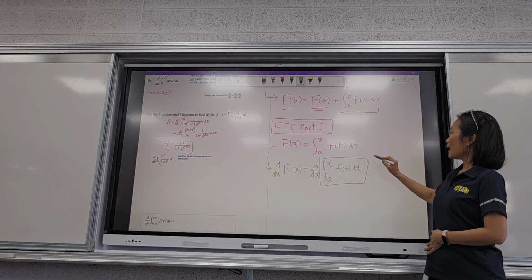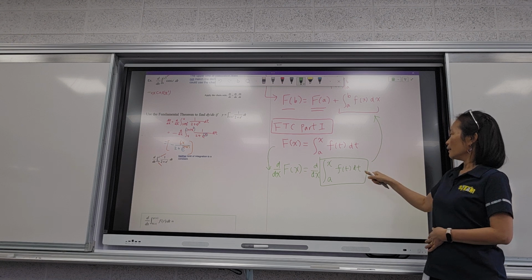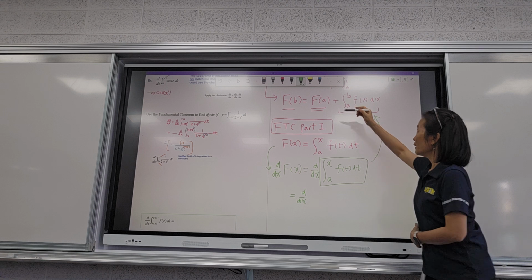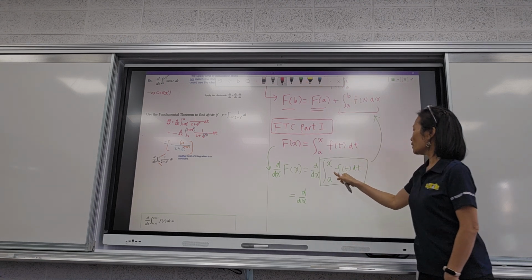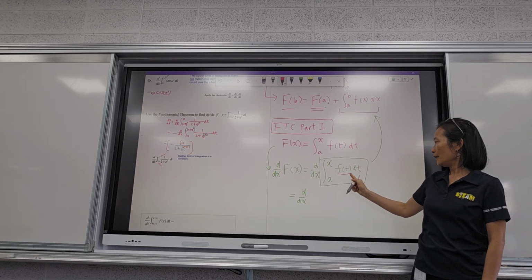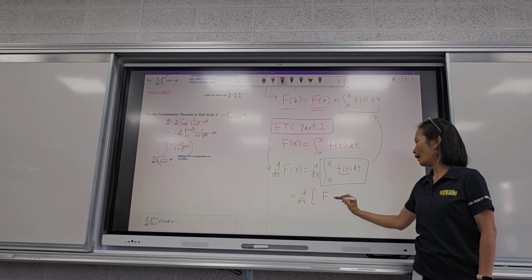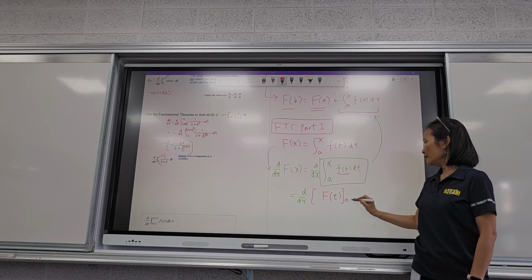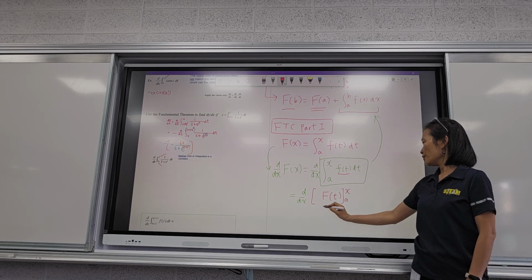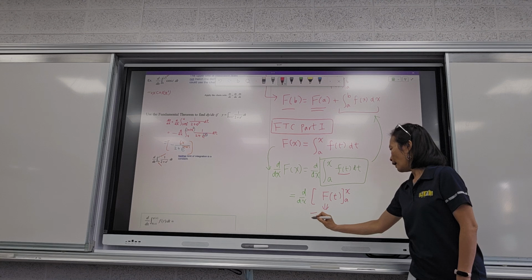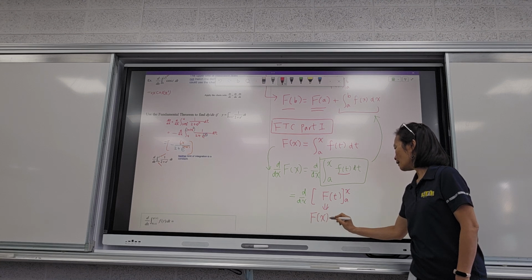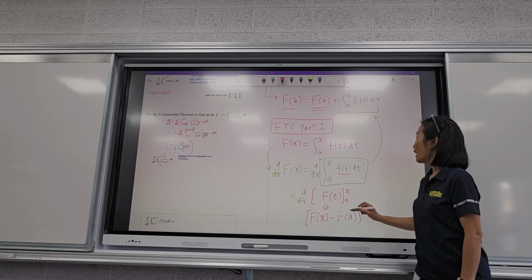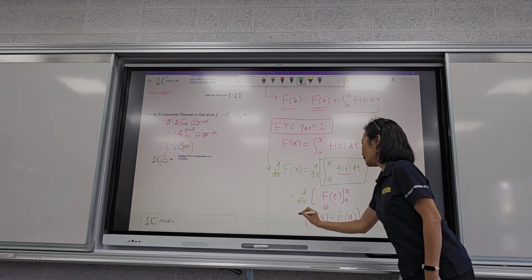For this part we can utilize our part 2. Try to integrate f of t into capital F of t, and then plug in the lower limit and upper limit. So this part becomes F of x minus F of a. Are you okay? We are taking the derivative of this.